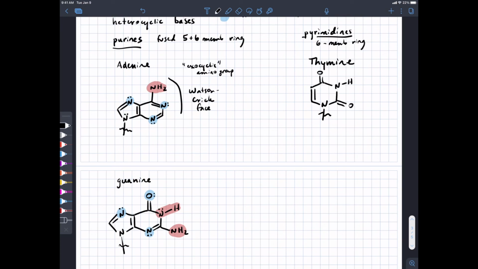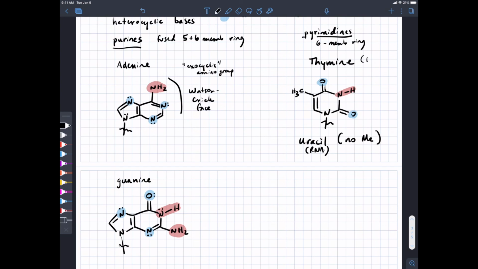You've got a double bond there and a methyl group there. That's thymine. You've got acceptor, acceptor, and donor. And uracil is just no methyl group. Uracil is found in RNA, whereas thymine is found in DNA.